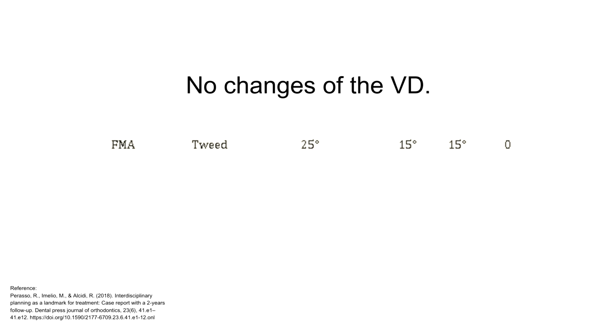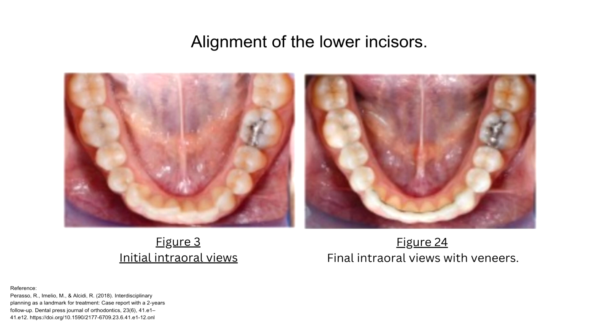According to the cephalometric analysis, Tweed's analysis, the FMA remained 15 degrees from the initial until the finished work of the prosthodontist and orthodontist. Alignment of the lower incisors.